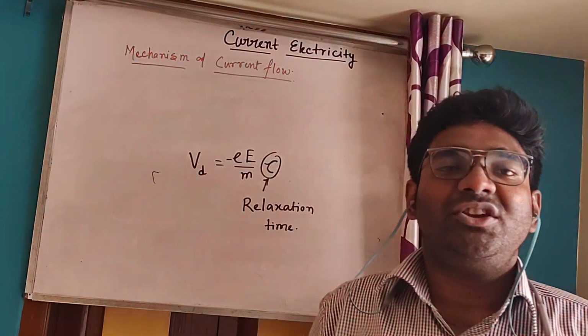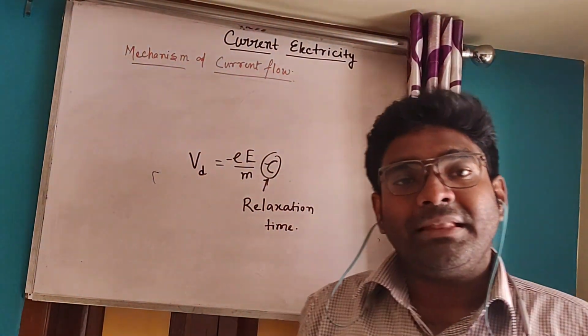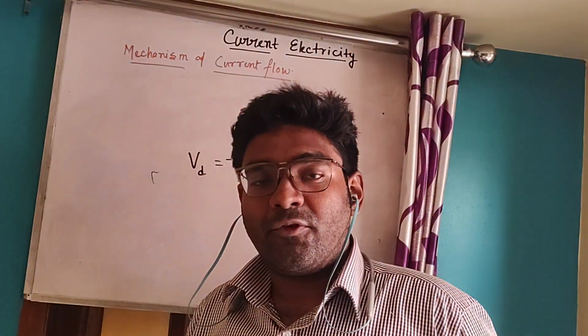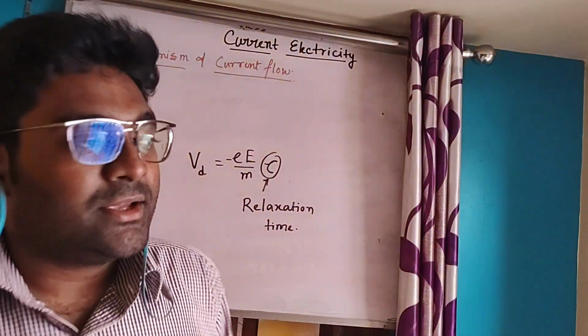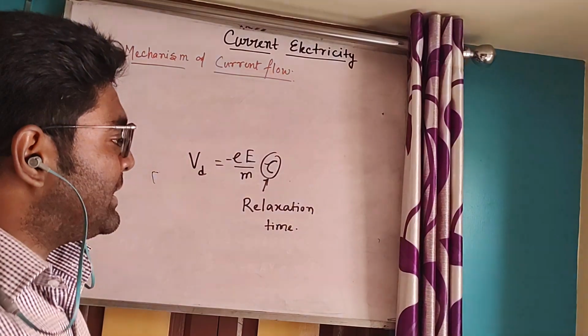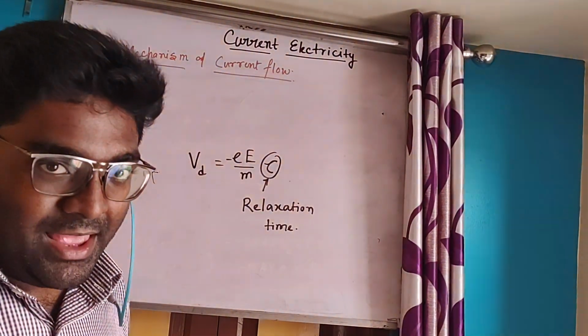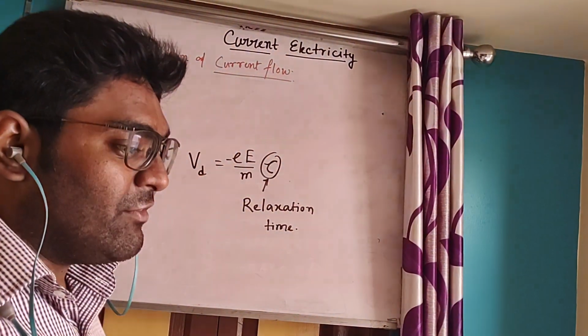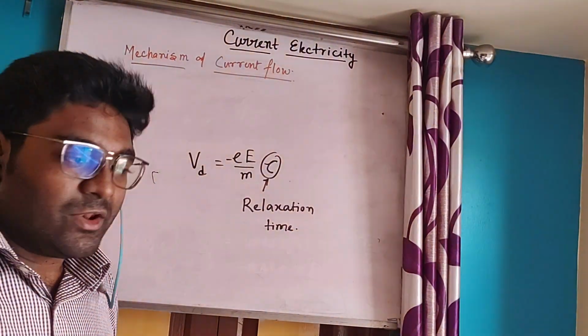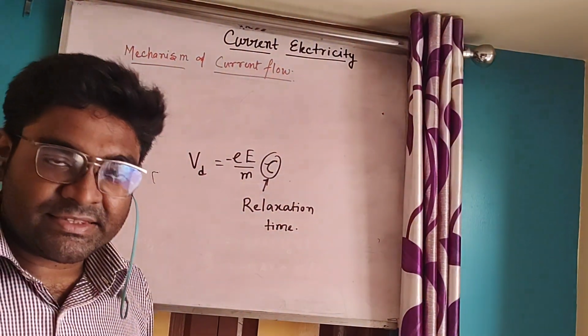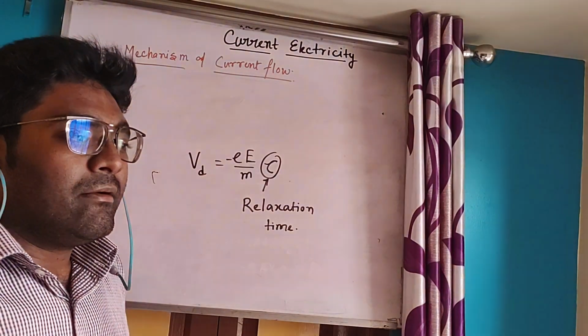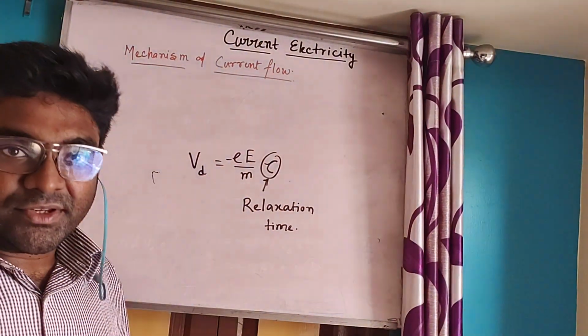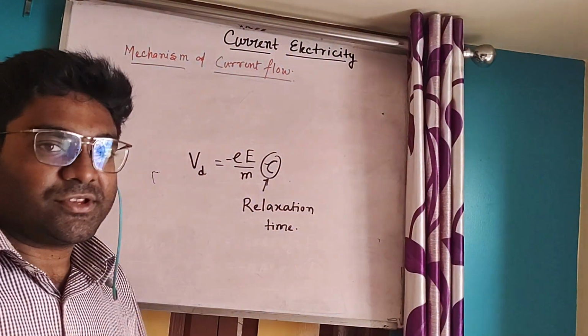Because of its collisions. When the electron is flowing inside a conductor, it will experience a number of collisions, and at each collision it will lose the velocity and maintain a steady velocity, and this velocity is called drift velocity.